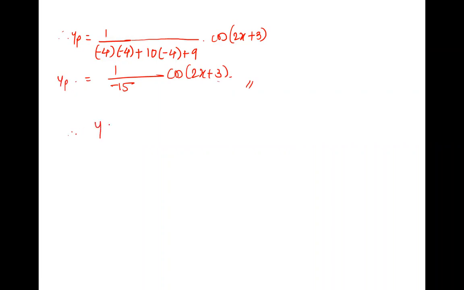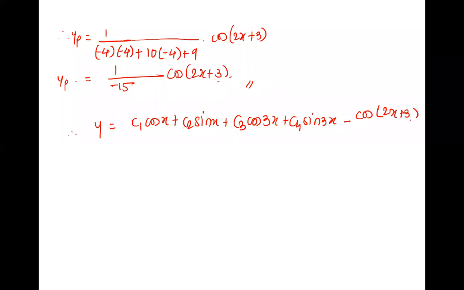Therefore, Y is YC plus YP: C1 cos x plus C2 sin x plus C3 cos 3x plus C4 sin 3x, plus YP. YP is having minus, so plus minus minus cos 2x plus 3 upon 15. Done. This is the general solution.